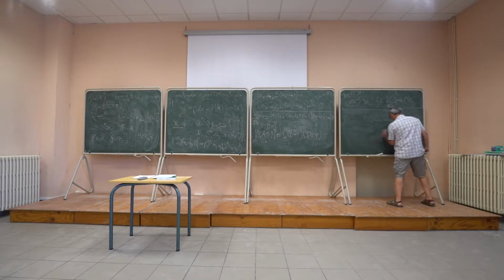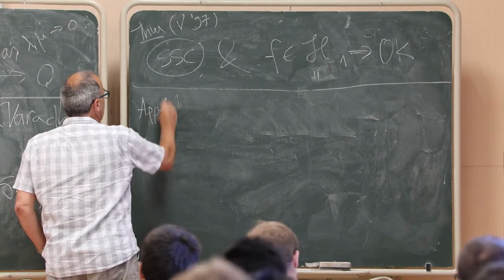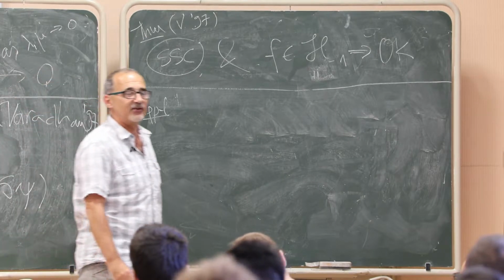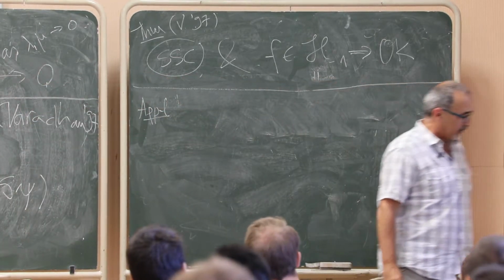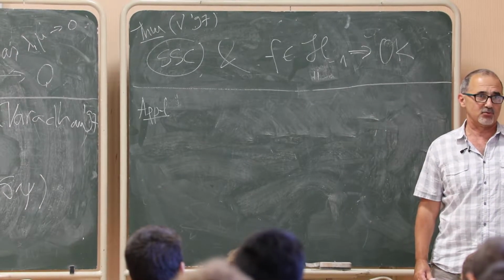Okay, now, where is it applied? First of all, Varadhan invented it in order to prove the central limit theorem for a tagged particle in zero mean but not symmetric simple exclusion.